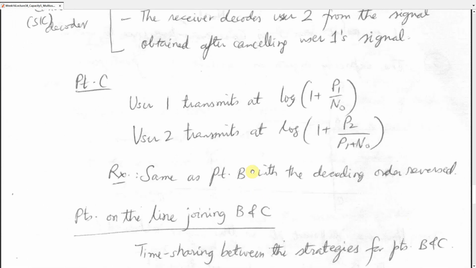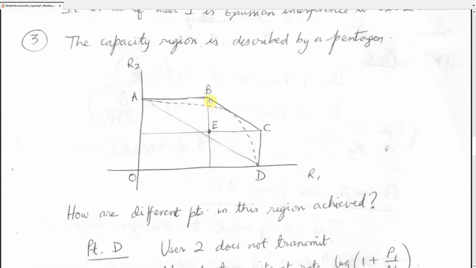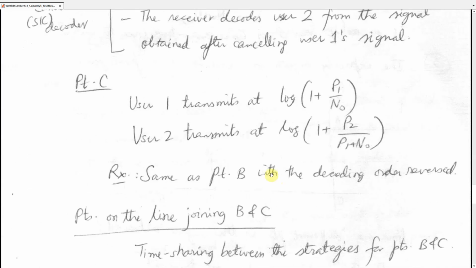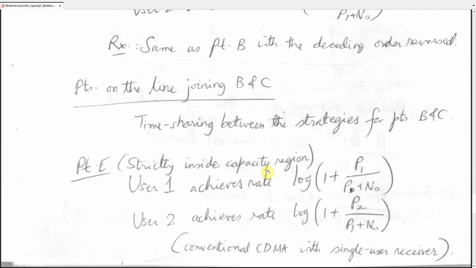So what is the point E? We have another point, which is this point E, which is made by drawing a perpendicular from point B to the R1 axis and again a perpendicular from point C to the R2 axis. Point E is strictly inside the capacity region.